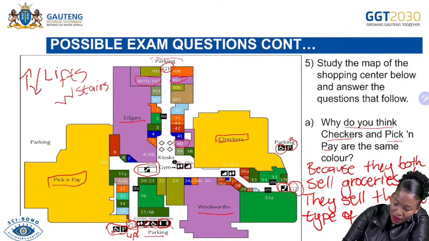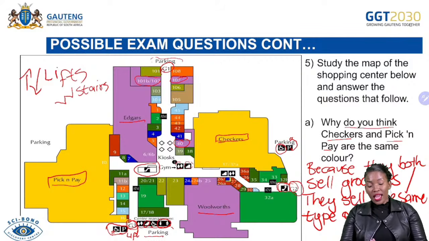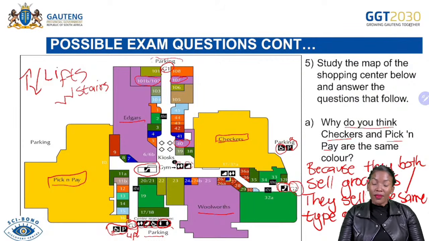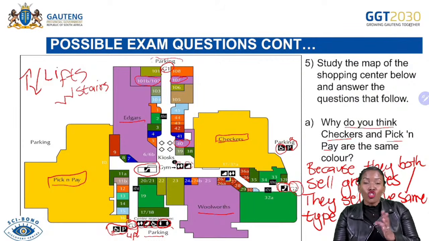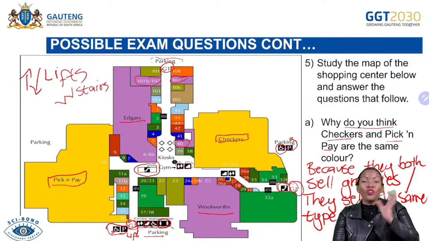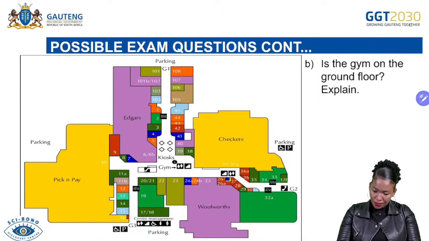So that is why they are labeled using the same color to show that it is the same shops. Not really the same, but they deal with the same items.